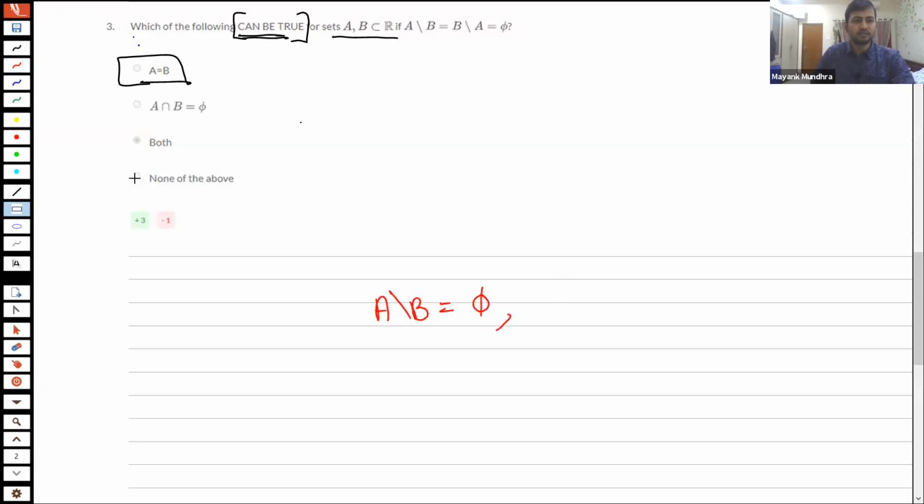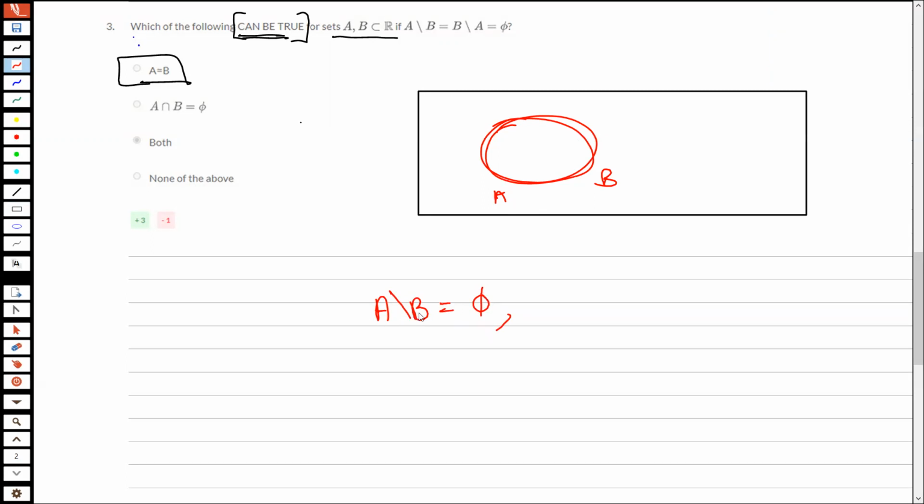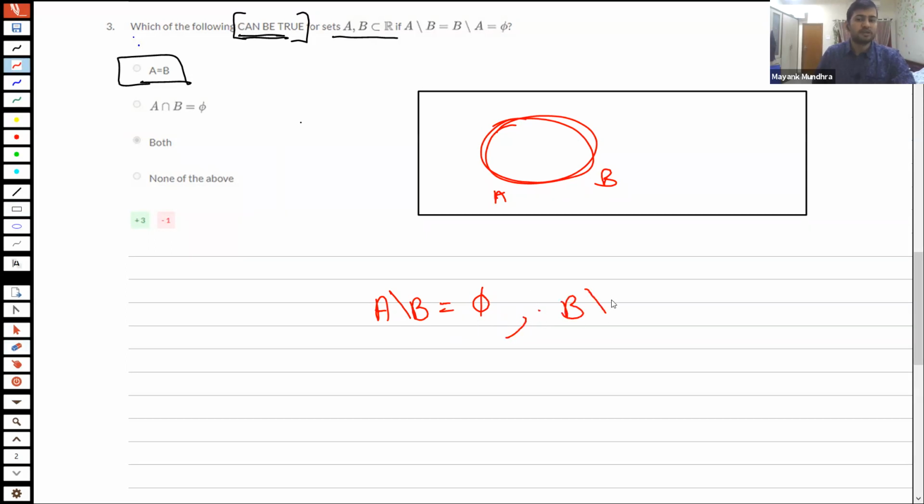This is a situation where both the sets are the same: this is your set A and this itself is your set B. A minus B, you subtract all elements of B from A and you get a null set, and B minus A by similar logic will also be a null set. So option A is true.